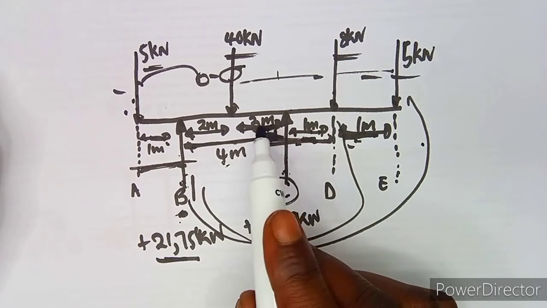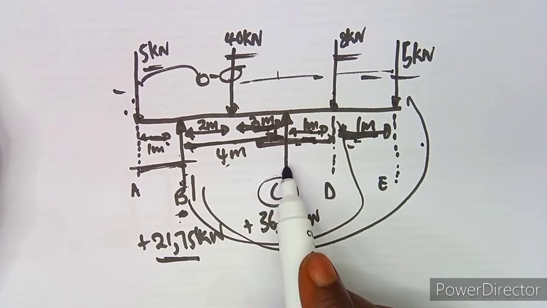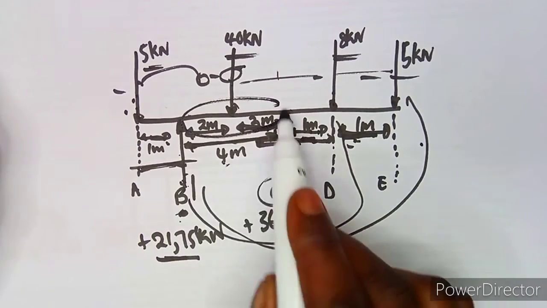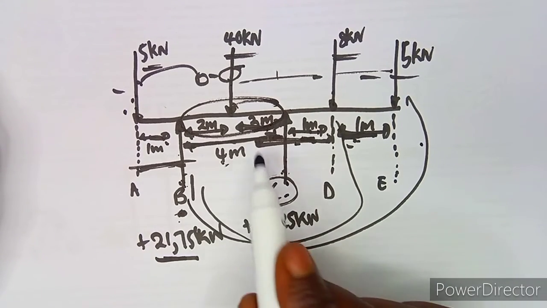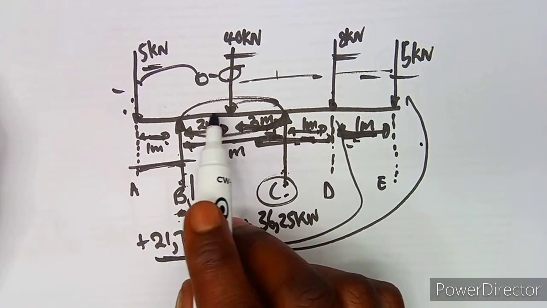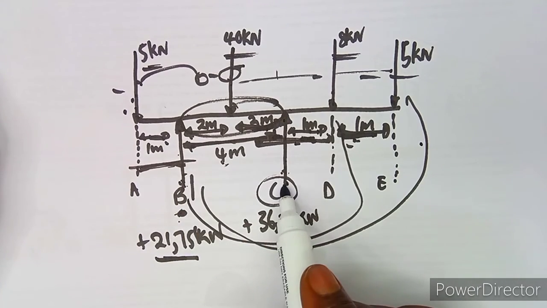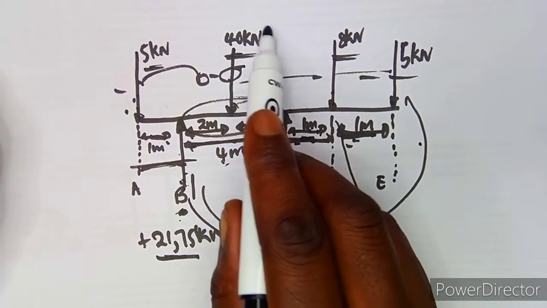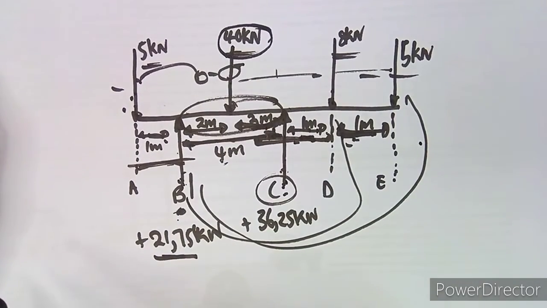Okay, then from this 16.75, we are supposed to move to C, because here there is a distributed load which was there. So we are going to move direct to the point C. But how are we going to move? Remember we have a force of 40.